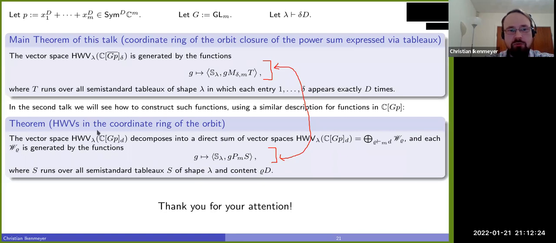And for this one we have so many other sources of information that we can actually lift. In particular, information coming from the stabilizer of P, we can lift to get information on this highest vector space.